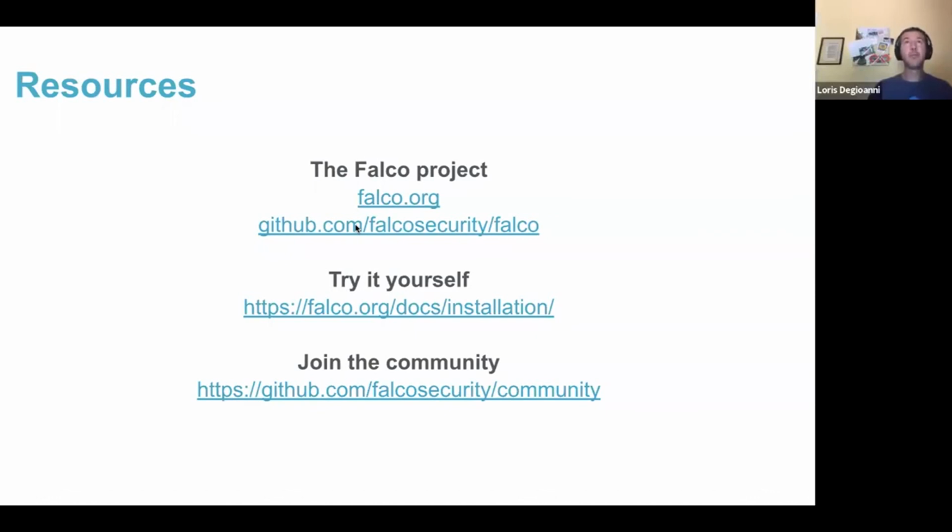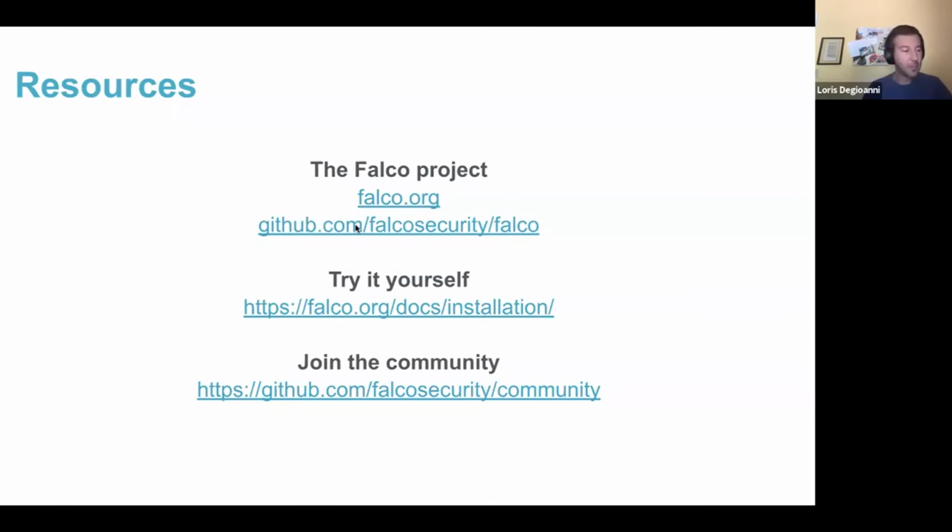Sysdig does provide support for Falco, yes. Sysdig also offers a product called Sysdig Secure that is heavily based on Falco for runtime security. So Sysdig Secure also offers a bunch of other functionality like image scanning, forensics, audit stream, compliance, and all of this kind of stuff.